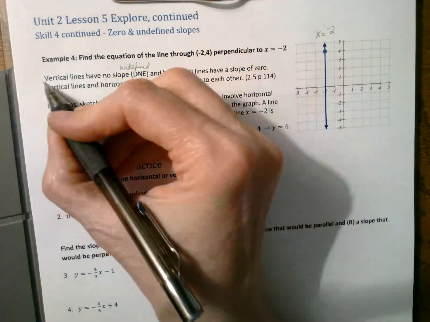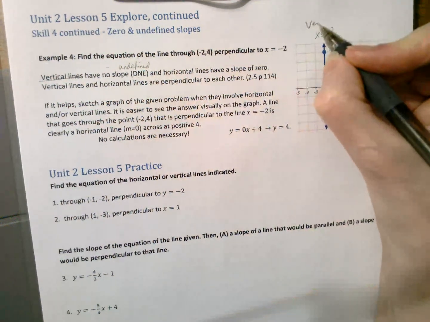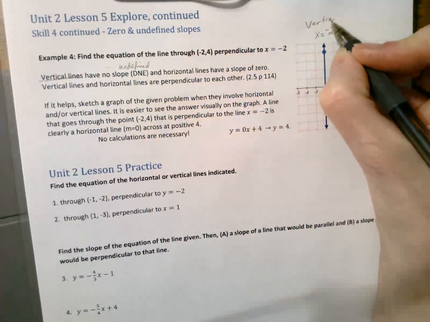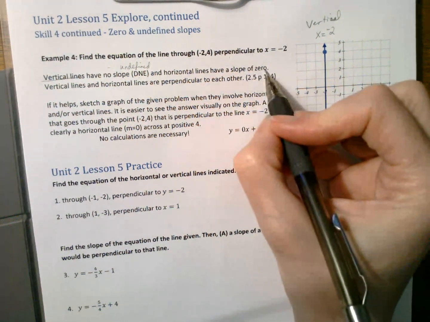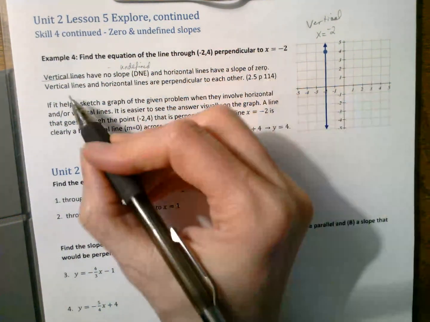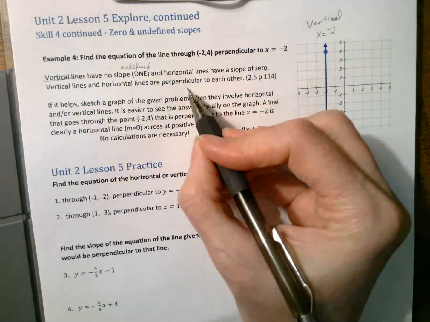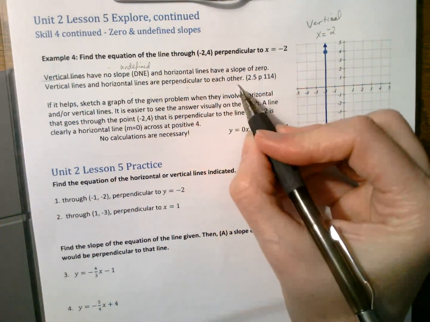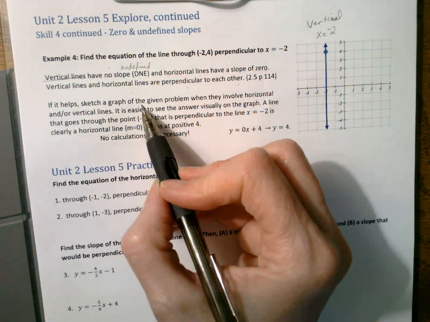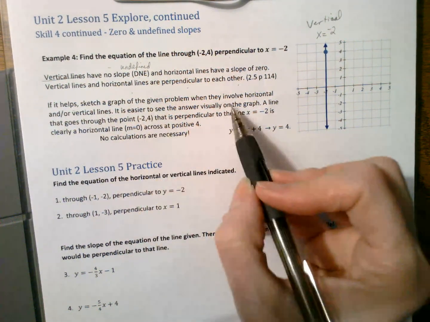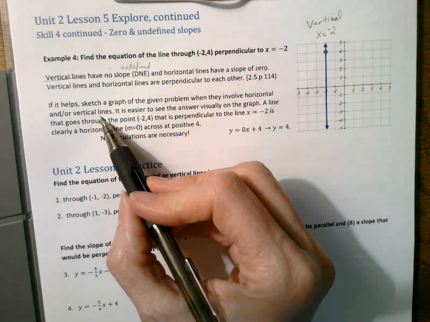And horizontal, vertical lines. This is a vertical line. Vertical, okay? Horizontal lines have a slope of 0. Vertical and horizontal lines are perpendicular to each other, okay? If it helps, sketch a graph out of a given problem when they involve horizontal and or vertical lines.